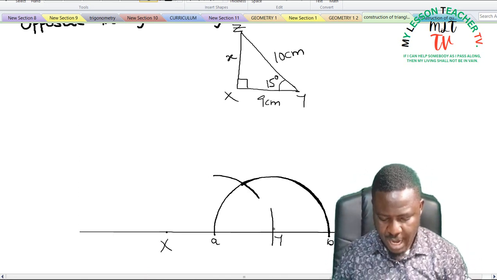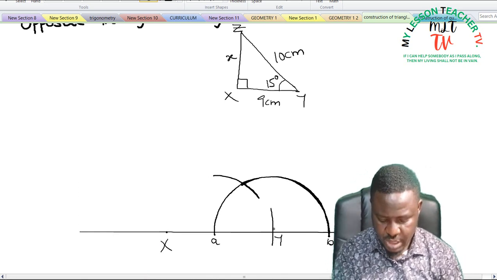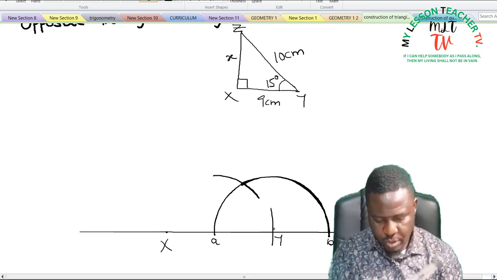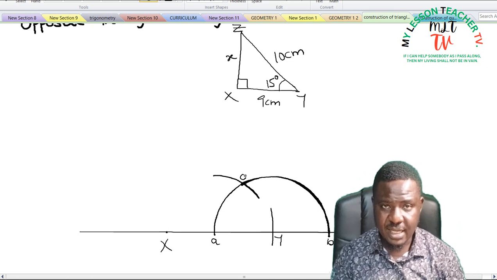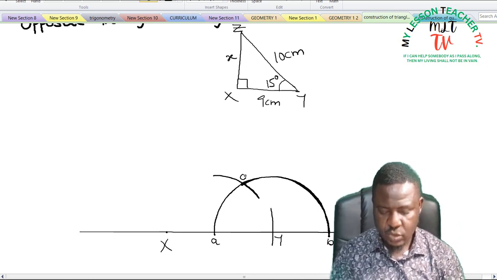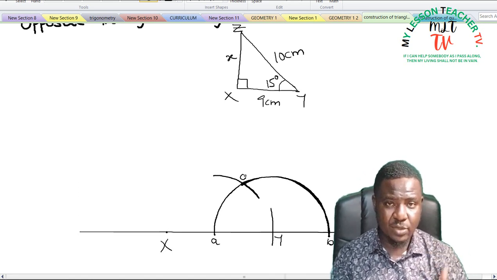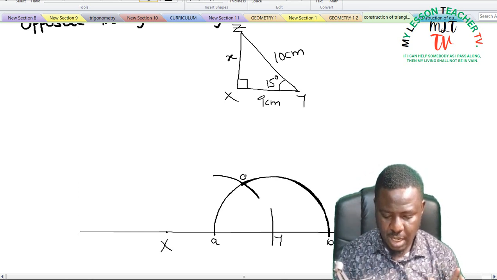Now, I can still work with that point without constructing angle 60 degrees. Call this point C. With A and C as centers, I'm going to bisect it to get angle 30 degrees because this is already 60. So bisecting 60, I'll get 30. I'll bisect 30 again to get 15.